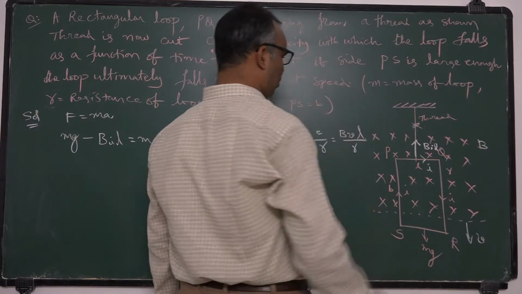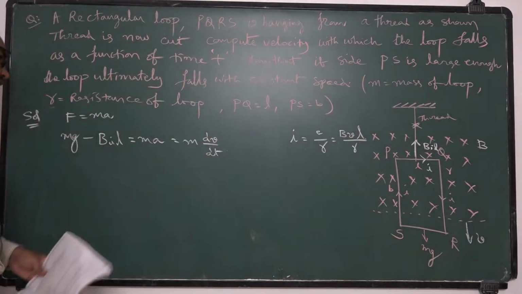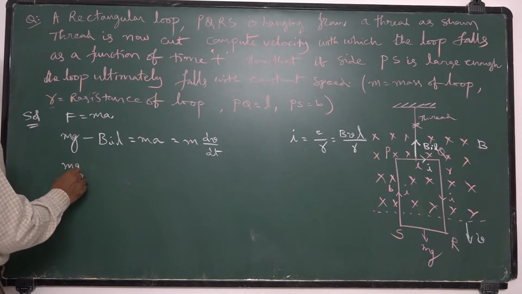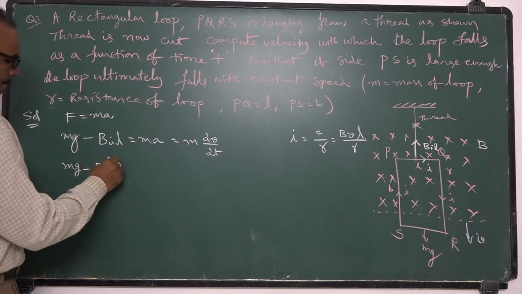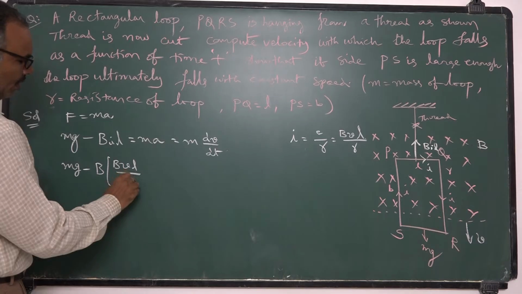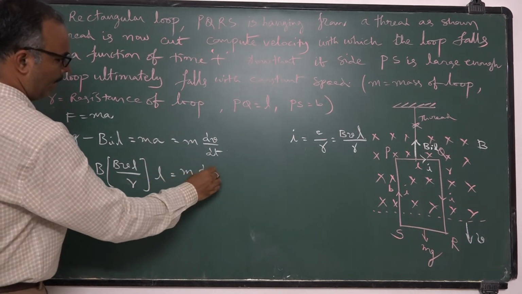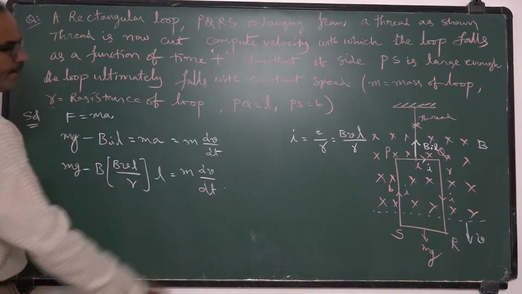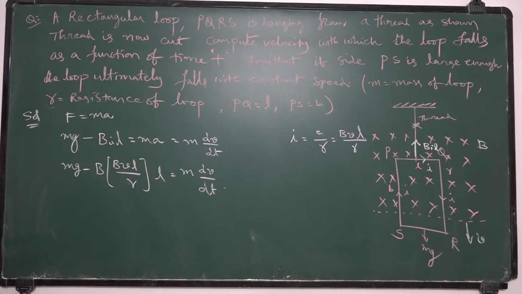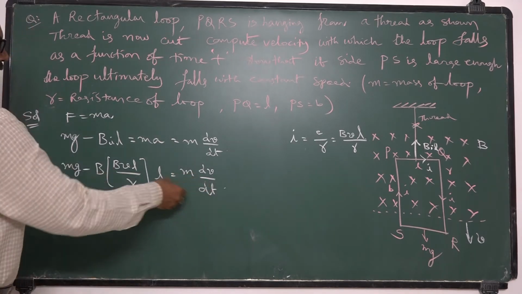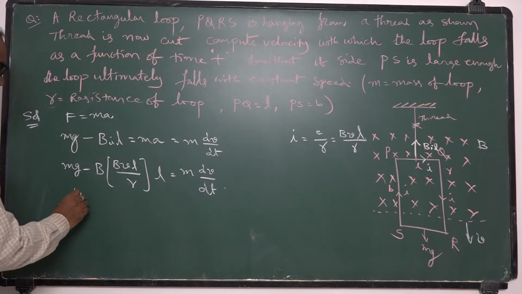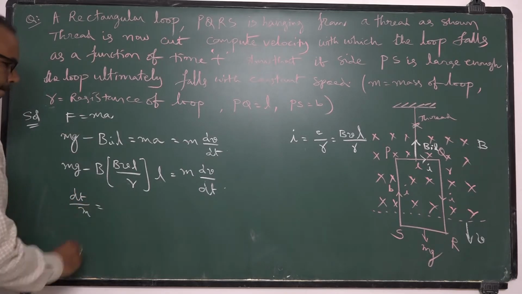So the current is BvL by R. Wherever current is there, I should keep it: mg minus BvL by R into L is equal to m into dv by dt. This is the equation representing the motion of the loop.